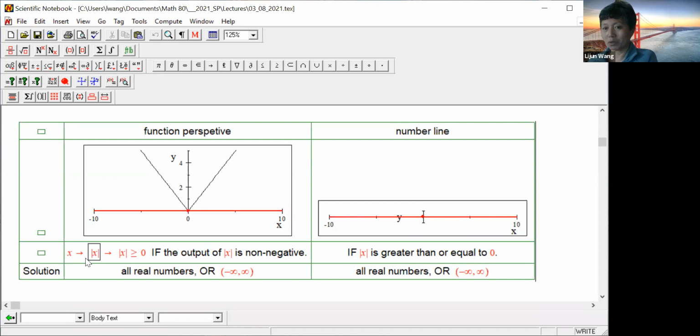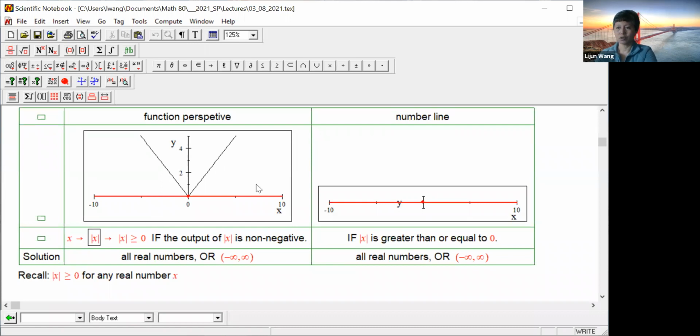The domain is all real numbers, and the range is exactly this. Recall, we made this one-sentence statement about absolute value: any real number x.